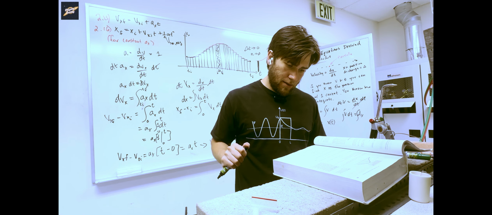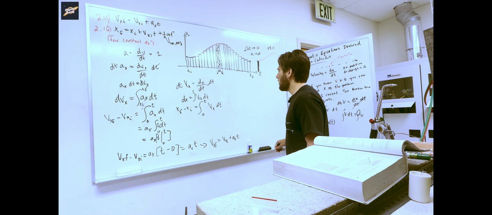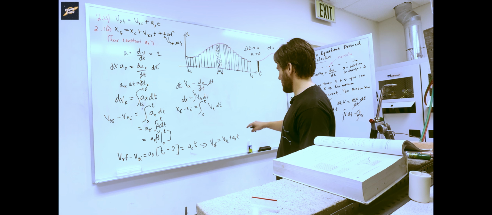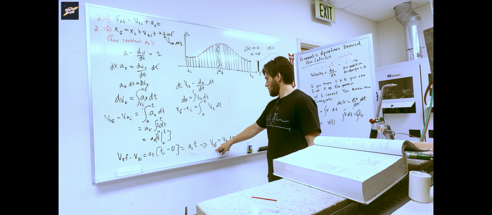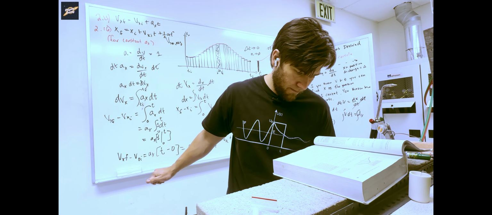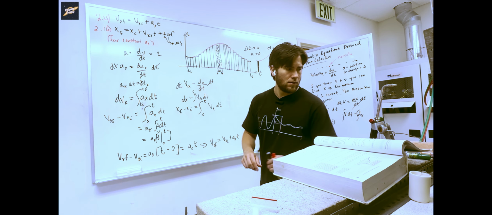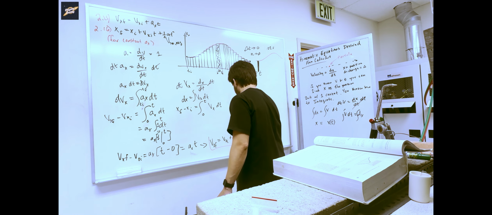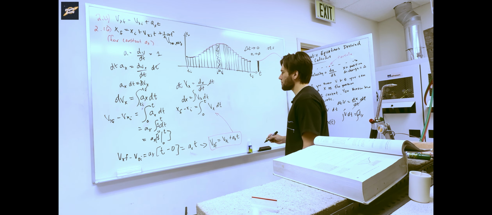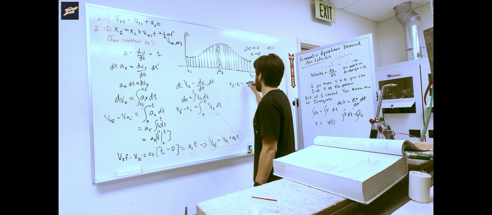What they're saying is vx equals this, right? Now we take this and plug it in here, so we get xf minus xi.